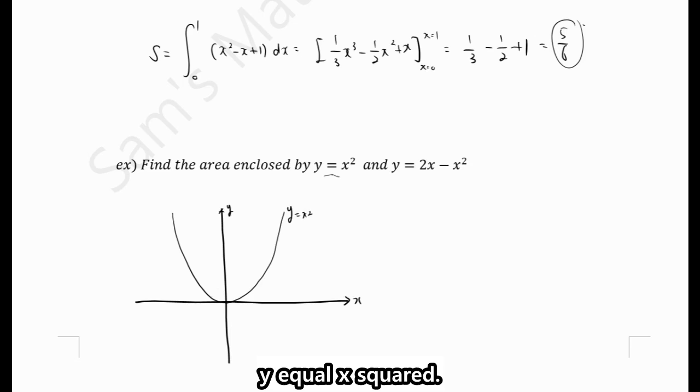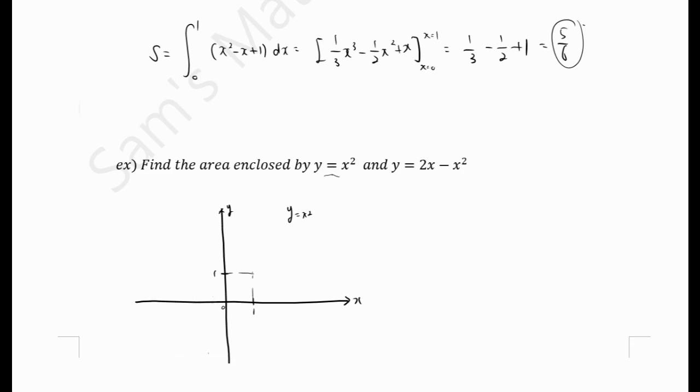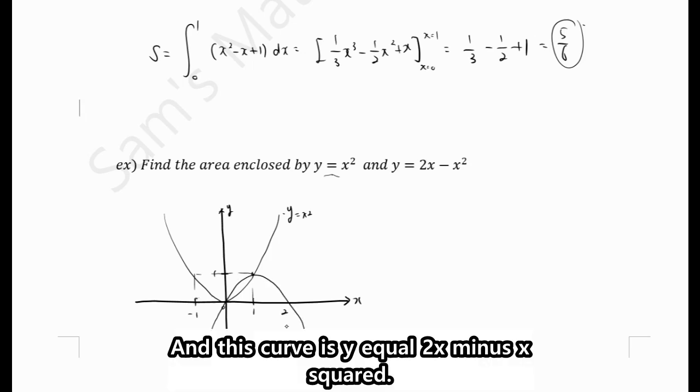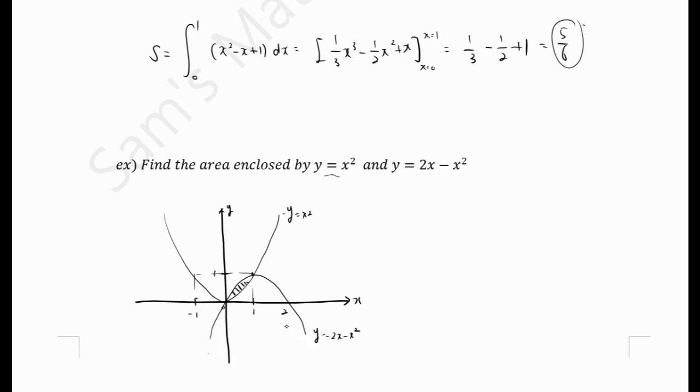This is 0, and this is 1 and 1, minus 1. And this curve is y equals 2x minus x squared. We want to know this area.